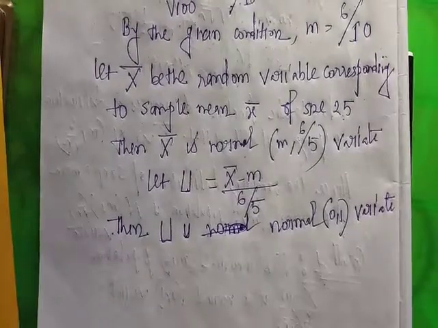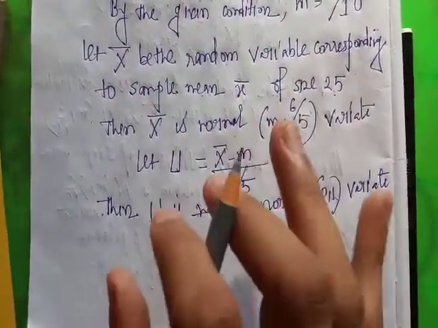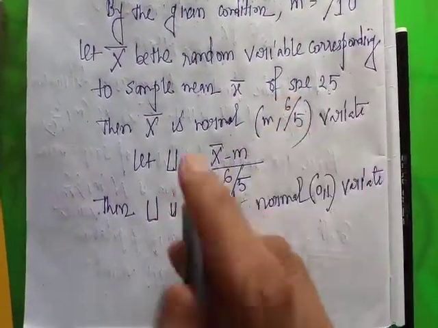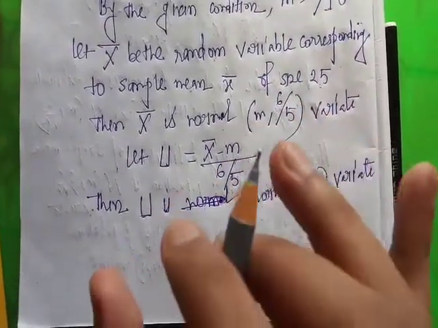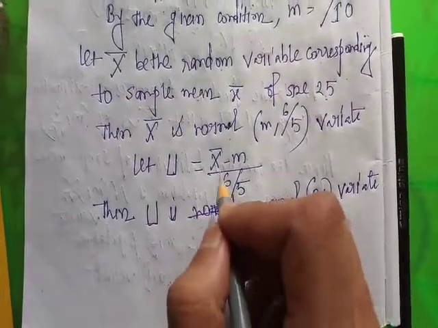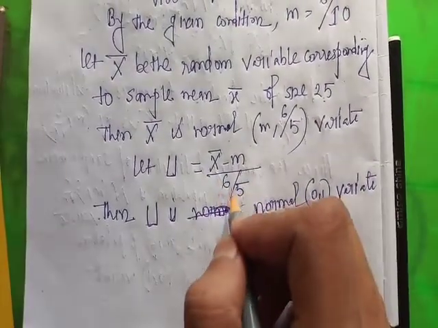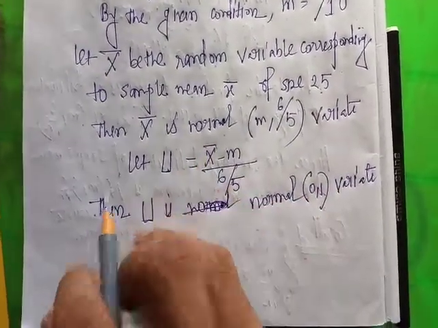Since we already discussed for normal m sigma population, x bar minus m by sigma by root over n is normal 0 1 variate. So here x bar minus m by sigma by 5 equal to U, so U is normal 0 1 variate.